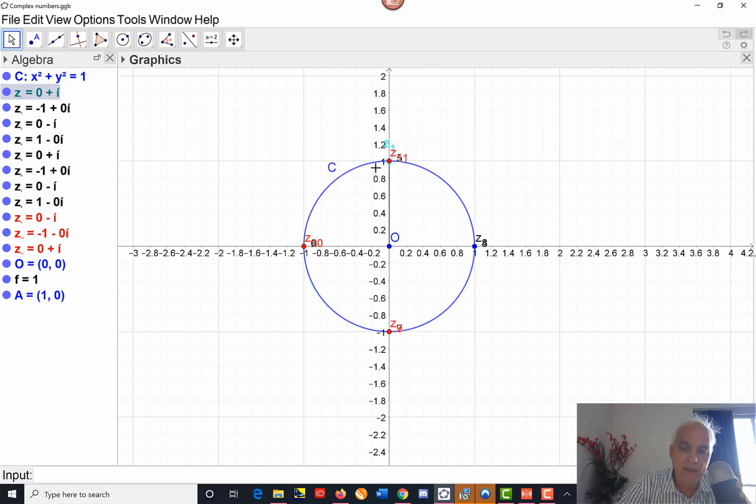What's happened is that all those higher powers and the negative powers also, they all coincide with these fourth roots of unity. So this is Z1, this is Z1 squared, this is Z1 cubed, Z1 to the fourth, Z1 to the fifth, Z1 to the sixth, and so on. And going backwards, this is 1, this is Z1 to the minus 1, this is Z1 to the minus 2, and so on.